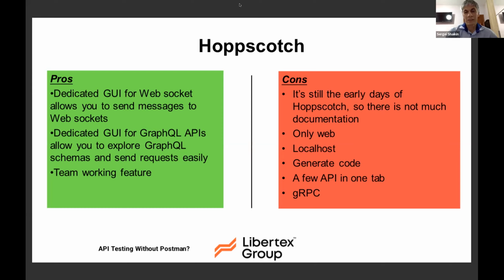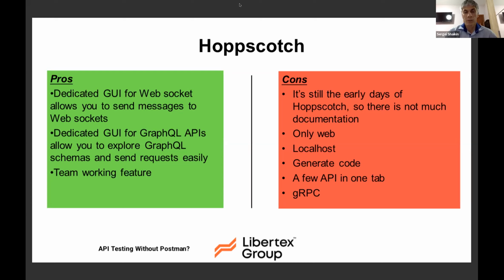Another minus is no possibility to generate code, like in Postman. It's not a minus, but I'd like to have it sometimes. I don't have a view of the API in one tab. I will show it in the demo right after this slide.